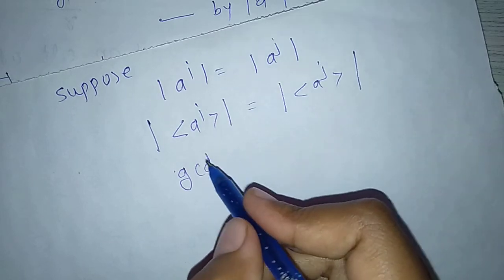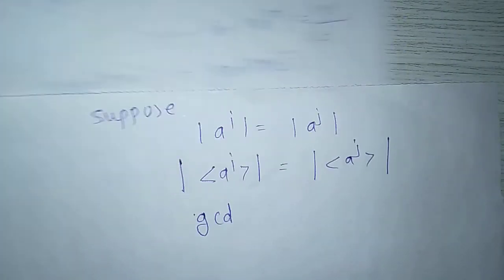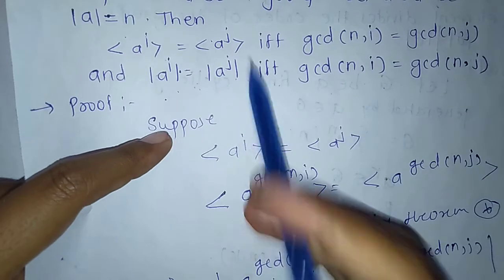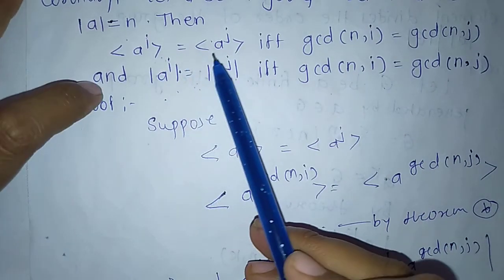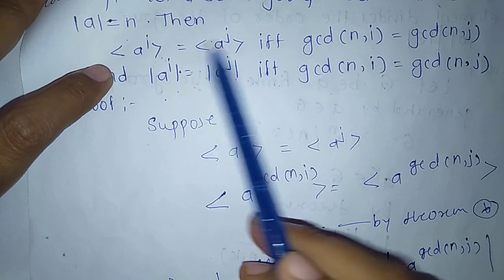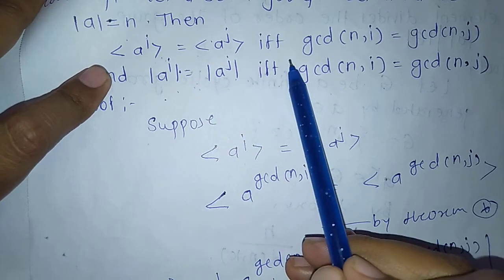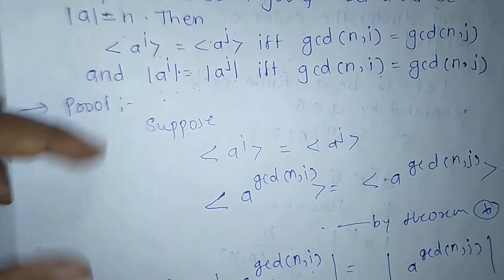Which implies, by the first part of this theorem, the set generated by a raised to i equals the set generated by a raised to j if and only if GCD of ni equals GCD of nj.